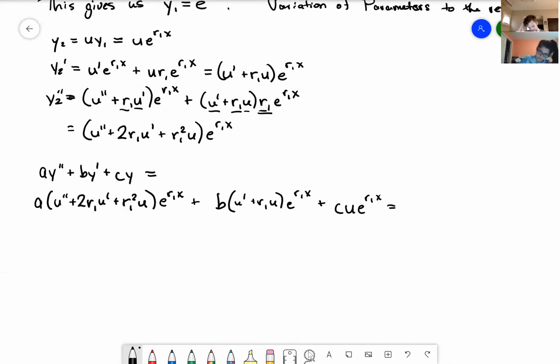And now I'm going to do some more distributing and collecting like terms. I want to collect together along the different derivatives of u. So u double prime, I just have a u double prime. Now u prime, I have this term, that's it. Good.